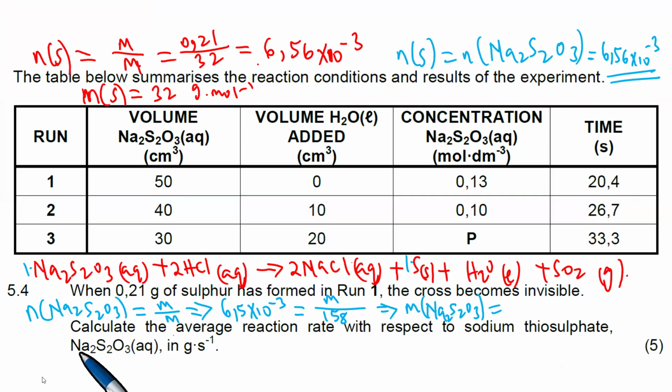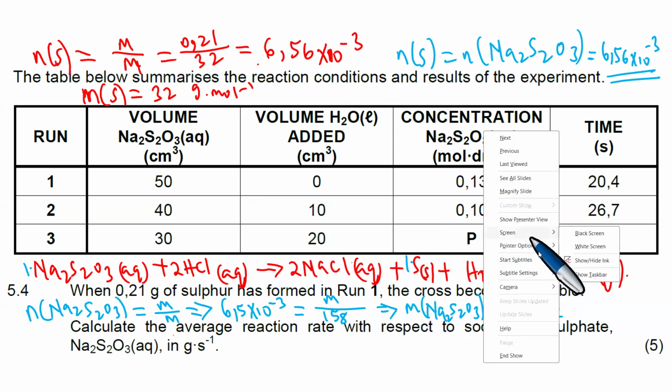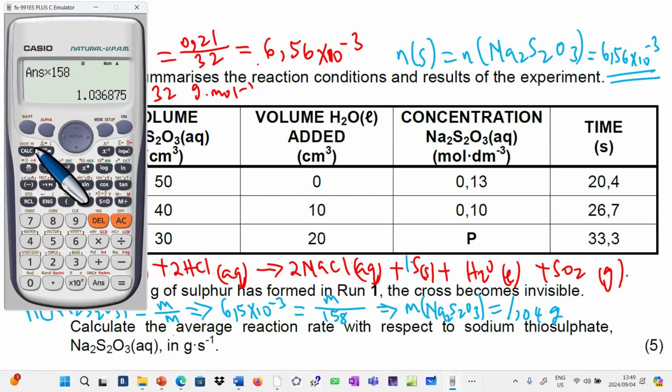So this is going to be exactly 1.04 grams. Yes, I got 1.03, but that's because we rounded off. When we divided 0.21 by 32, we got 6.56. You'll still be given full marks in the exam, but it shows that rounding off can give slightly different answers.